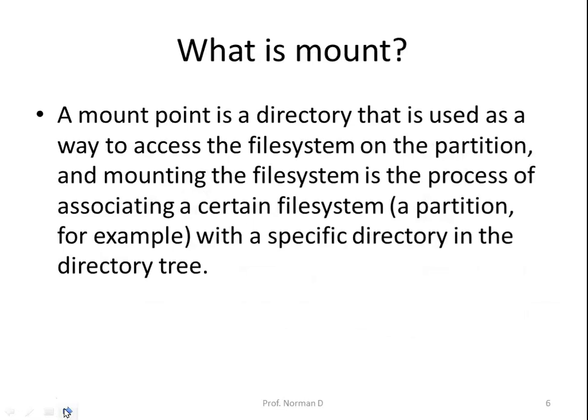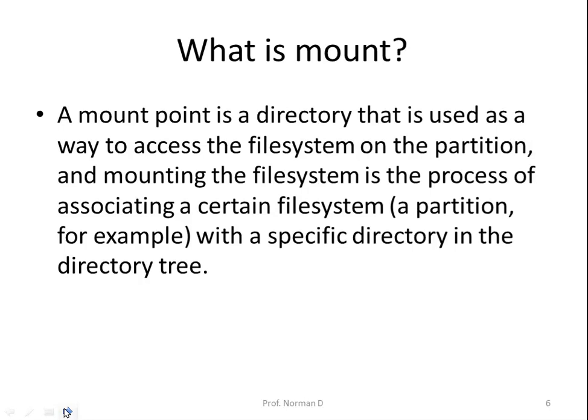Before going to the other topics, you need to know what we mean by mounting a directory. We are discussing the Linux operating system here. Once a disk has been partitioned, Linux needs some way to access the data on the partition.